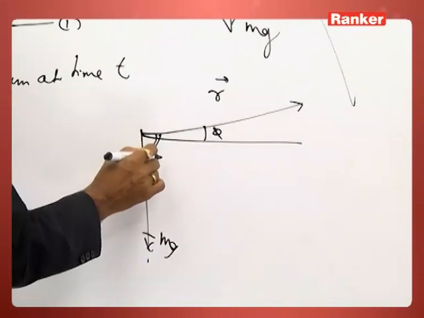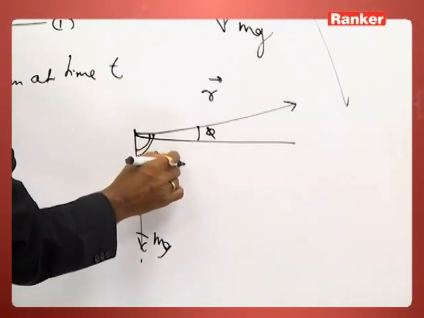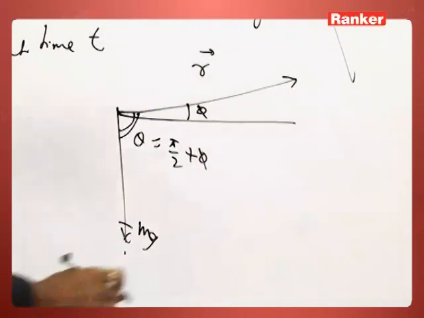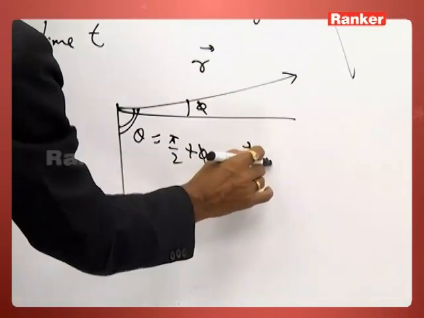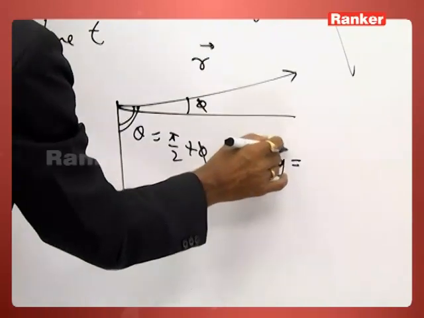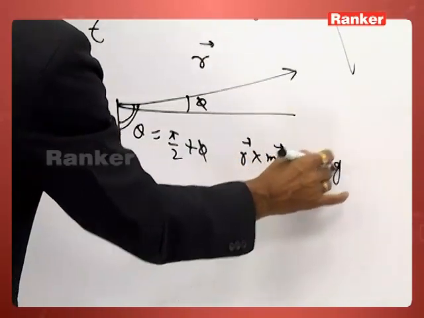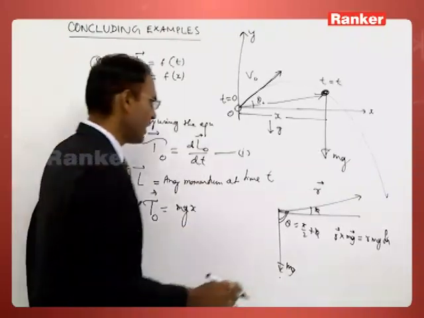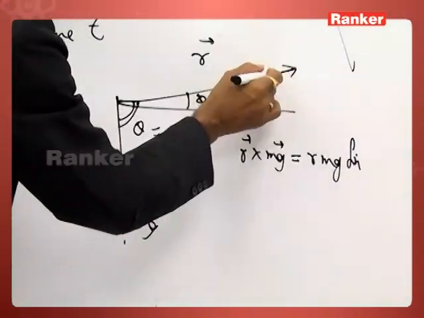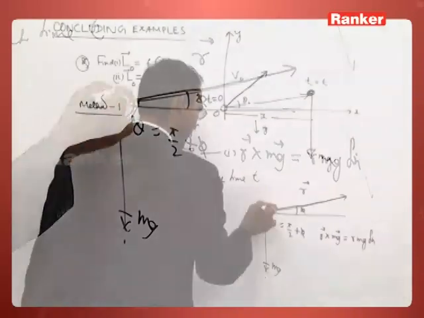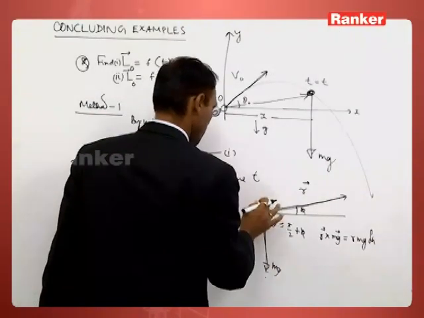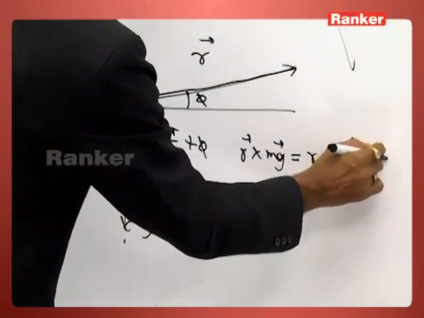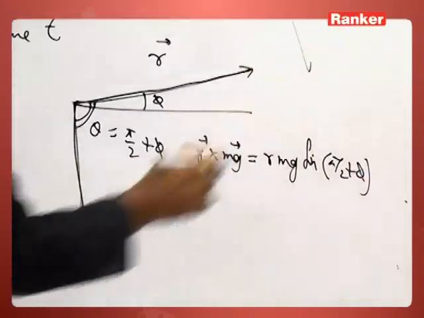So this angle is theta, and this is pi by 2 plus phi. R cross mg is equal to r mg times the sine of the angle between the r vector and the mg vector, and the angle between these two vectors is pi by 2 plus phi.